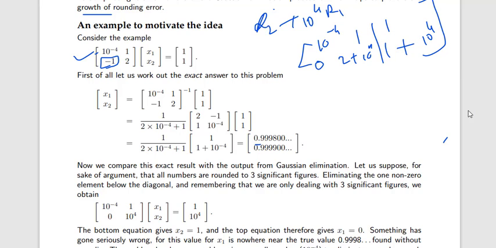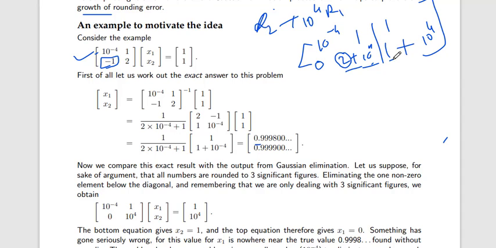Now if we add 2 plus 10 raised to 4, the 2 is the smallest value in comparison with 10 raised to 4. Here also 1 plus 10 raised to 4.